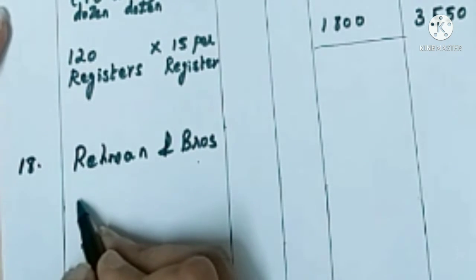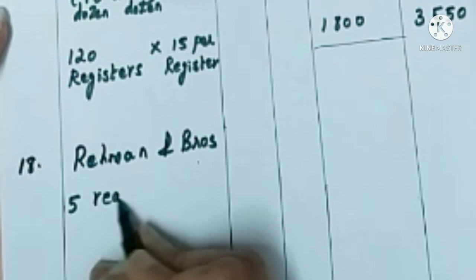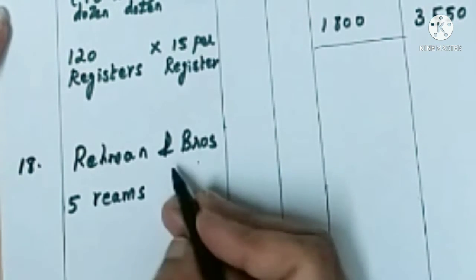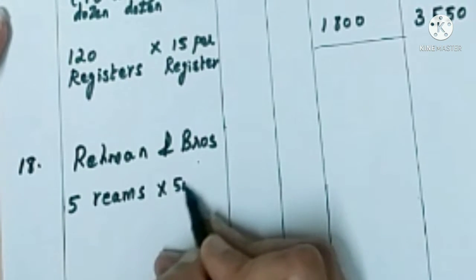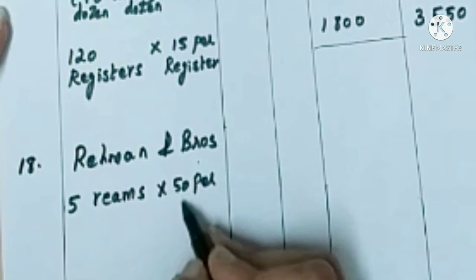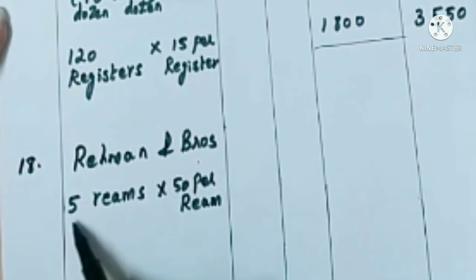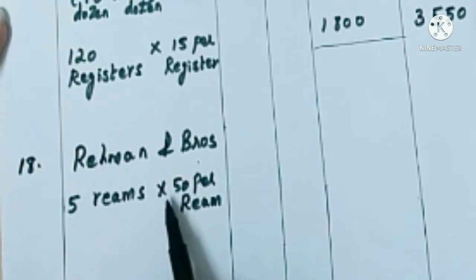So how much are we purchasing? 5 reams at rupees 50 per ream. So how much is 5 into 50? 5 fives are 25, 250.